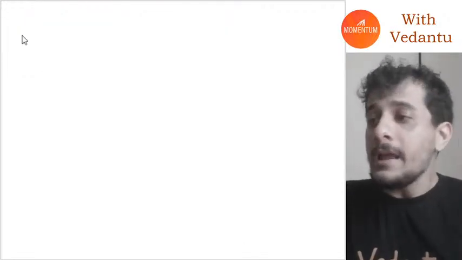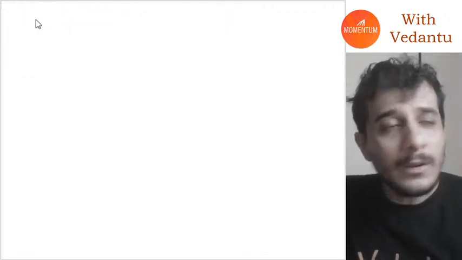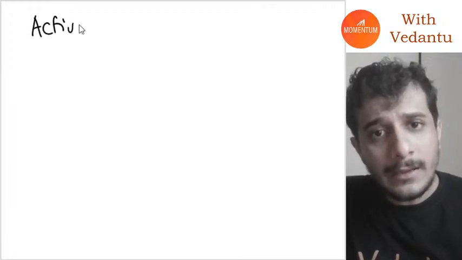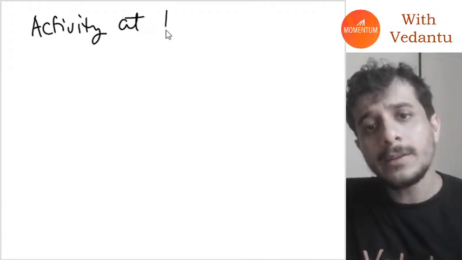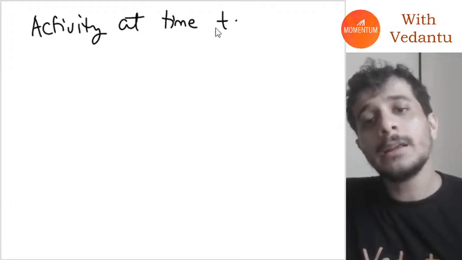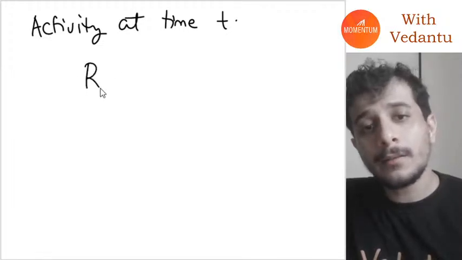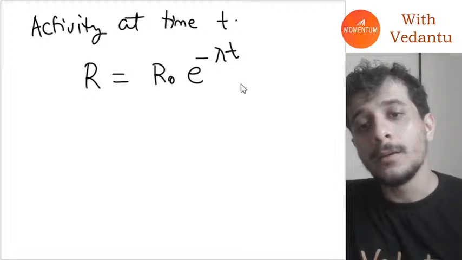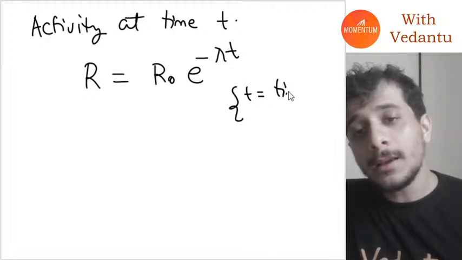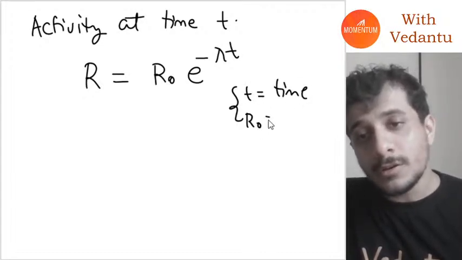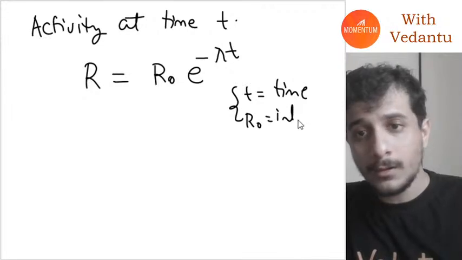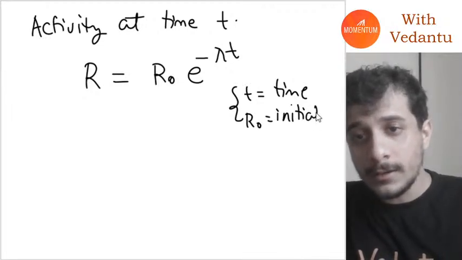You will write down that activity at any time t can be written as R is equal to R naught into e raised to the power minus lambda t, where t is time and R naught is initial activity.